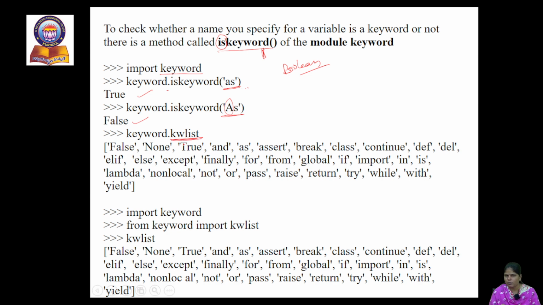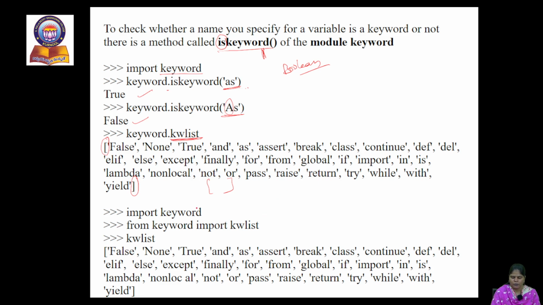We call this a property, not a method. So keyword.kwlist will list all the keywords. This is the representation of a list, which is shown in brackets. So every keyword available in Python will be displayed as a list of keywords, right?